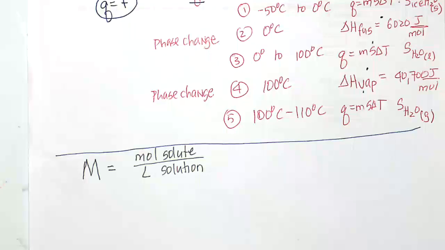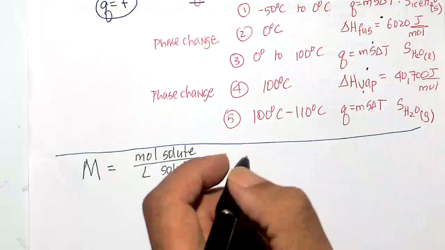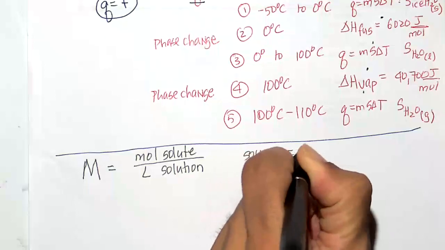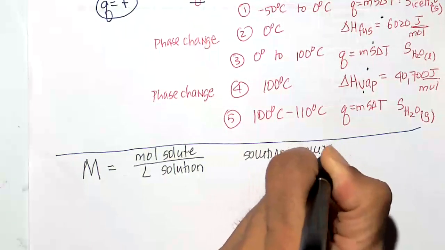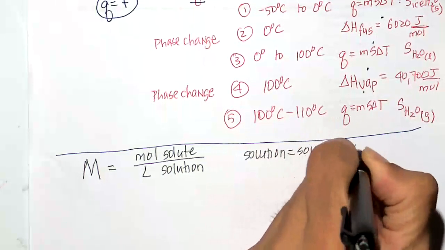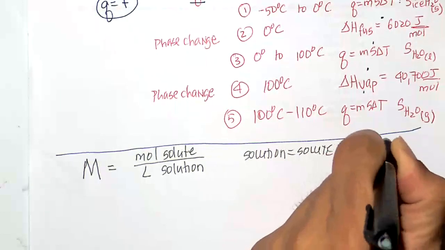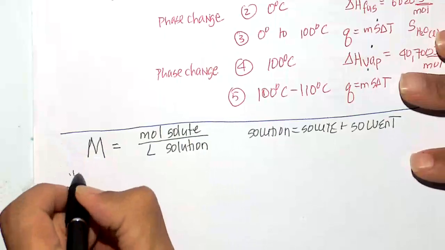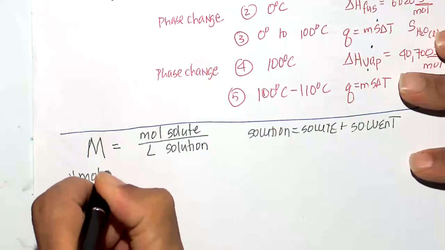Okay, we've been in Chem 1 labs. We just had one lab or two labs in Chem 2. Okay, anytime you work with a solution, what do you see? You see a big M there. Okay, that means moles over liter. Okay, remember, solution is solute plus solvent. The other one, this is known as molar.